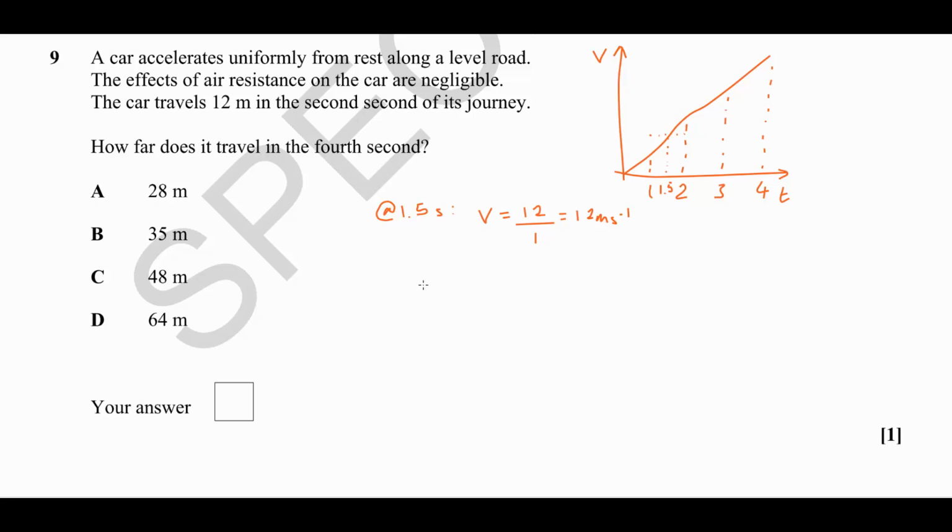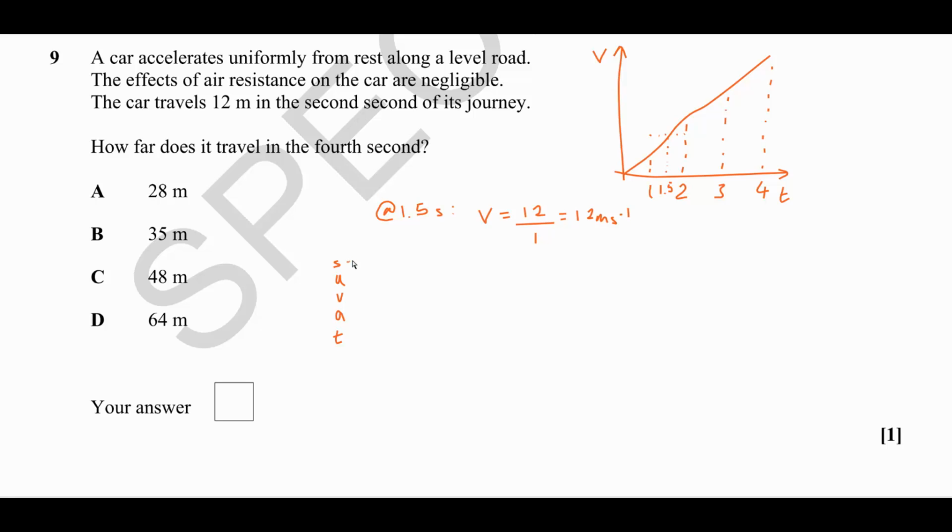Now we know that piece of information, we can then use suvat to work out the acceleration of the car, which is absolutely critical to us finishing this calculation. So, beginning suvat, let's write out suvat. We're doing suvat here over the entire journey from 0 seconds to 1.5 seconds, because that's a couple of points that we know enough about.